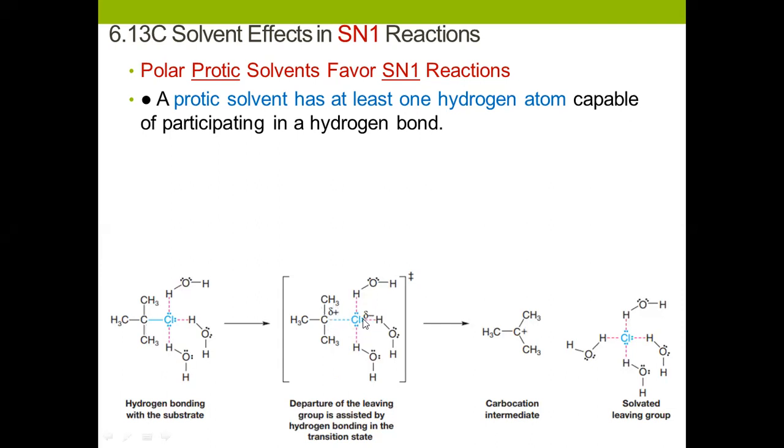The chlorine, our leaving group, having developed the partial negative charge, can be stabilized by the H2O, the solvent, such that when it fully leaves the substrate, it forms the intermediate.